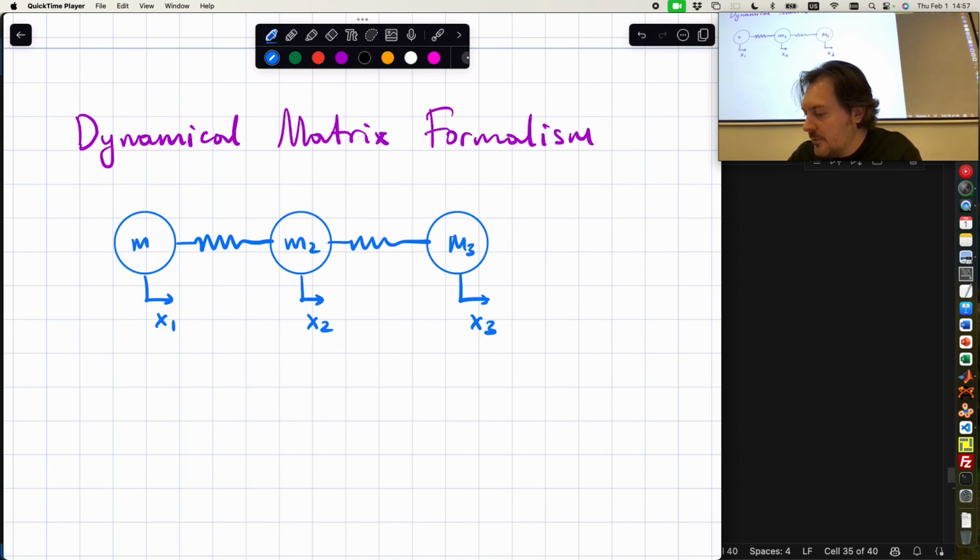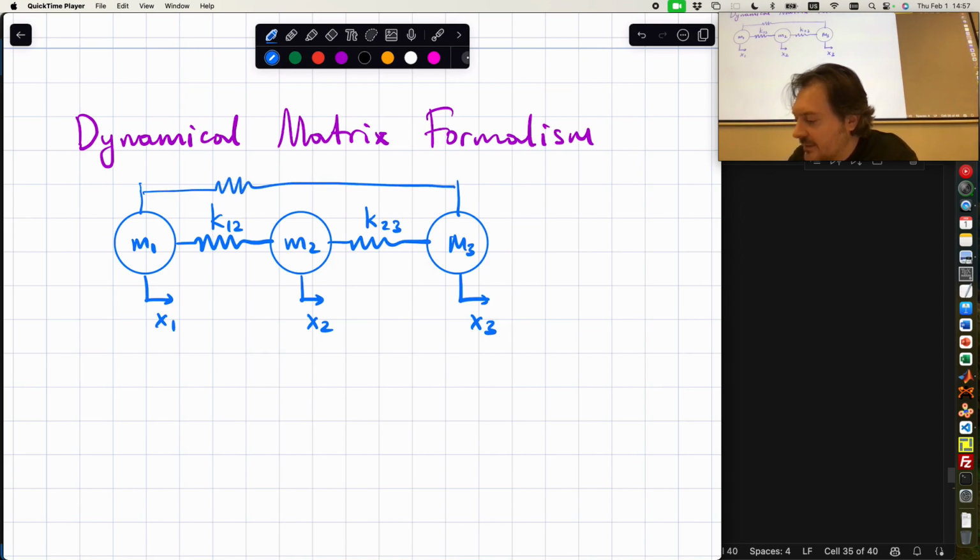And as I said before, many things can be thought in terms of springs and masses. I will call this K12, this one K23, and I'm going to also connect the first one to the third one, so that you get over that thought that things can only be connected when they are neighbors. They may be connected also when they are next neighbors, right?